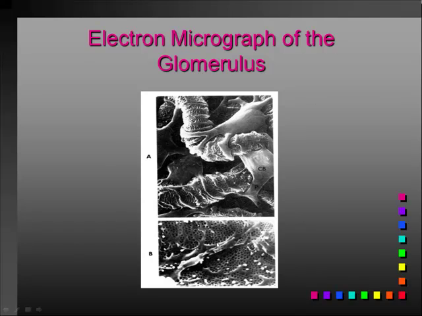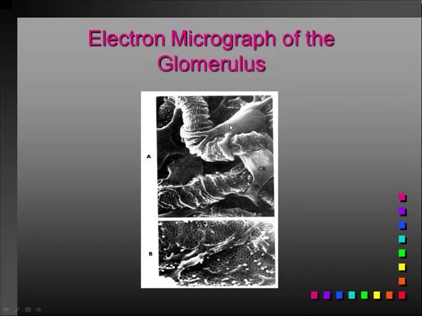So the filtration barrier that we'll talk about quite a bit when we talk about the renal regulation of glomerular filtration rate consists of the endothelial cells of the capillaries, the basement membrane that things have to go through, and there are actually three layers of that basement membrane. Then they have to get through these podocytes, and a lot of things get filtered right through these filtration slits.